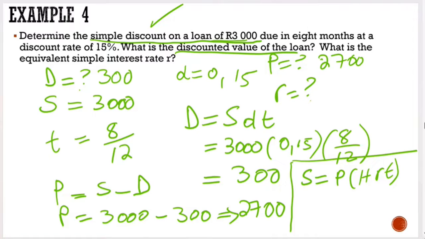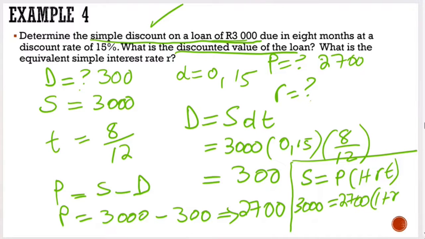So now what is my S here? I'm taking this in because this is for the same information. I know what my S is equal to, 3,000, and my P, I've just calculated to be 2,700, and then 1 plus, I don't know my R, but I know my T. Remember, this is for the same information. I have not gone out of any of the context. It's just that I'm using different discourses to get my answers.